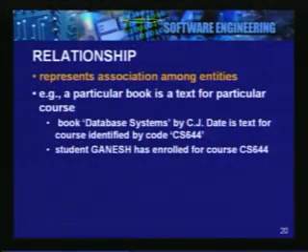Similarly, another example would be student Ganesh, who has enrolled for the course CS 644. Ganesh is an entity, course is an entity. The fact that this student has enrolled for this course is captured through the concept of a relationship.